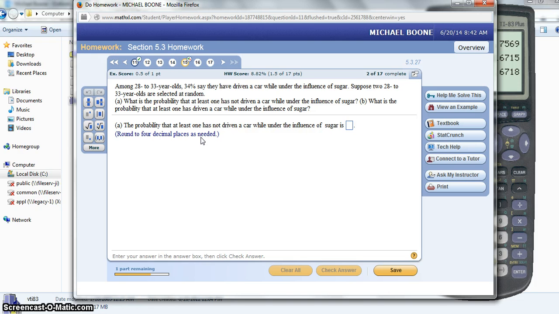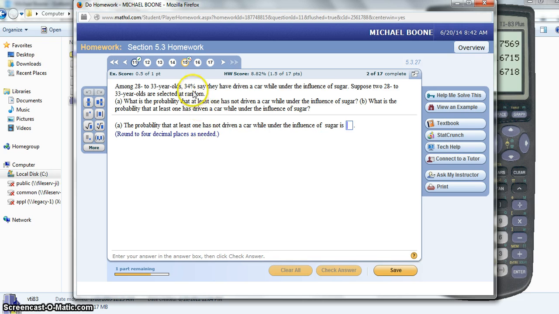We're picking 2 people. 34% said they have driven a car while under the influence of sugar. The probability that at least one has not driven a car. At least one means one has not driven, or 2 have not driven, but not 0 have not driven. 0 have not driven means both did drive.